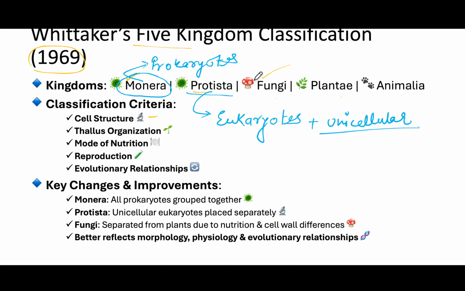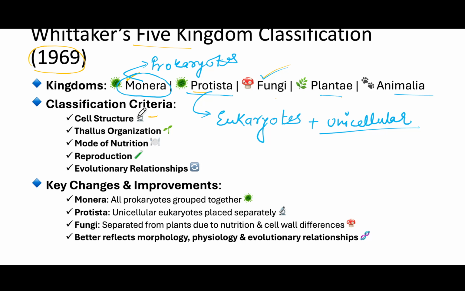So this also you need to remember about fungi. Next are plant and animals. Plants are obviously multicellular organisms and the cell wall is made up of cellulose. In animalia, there is no cell wall. This is the key feature of the different kingdoms of Whittaker's 5 kingdom classification system.